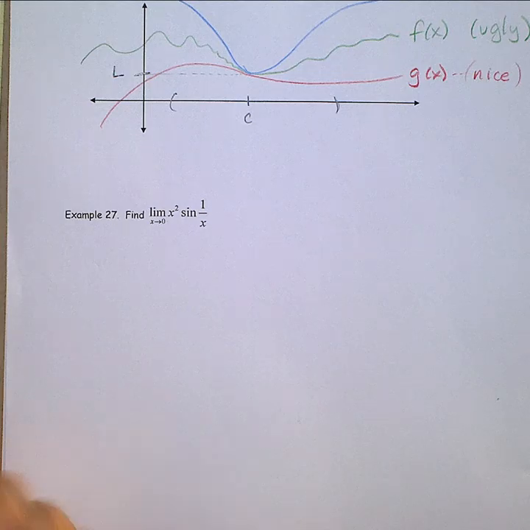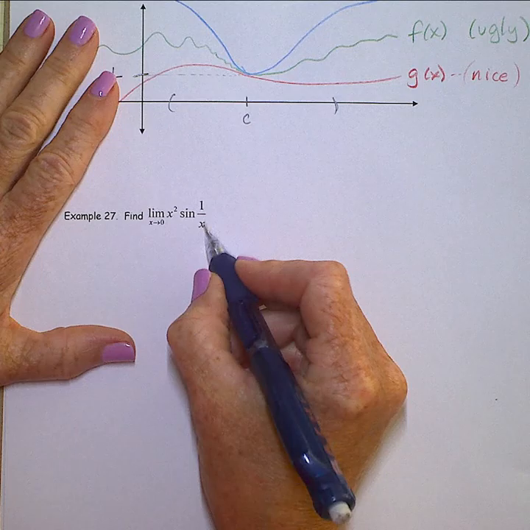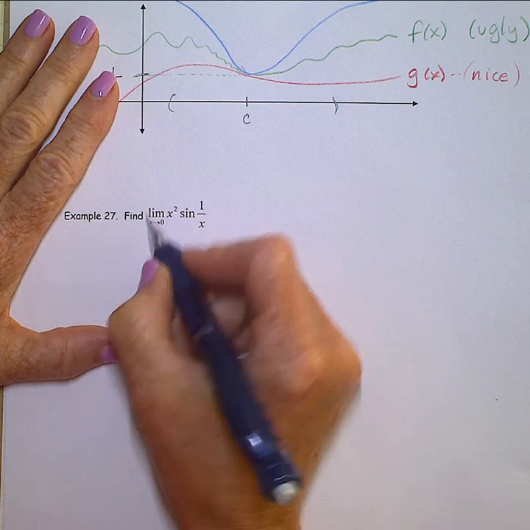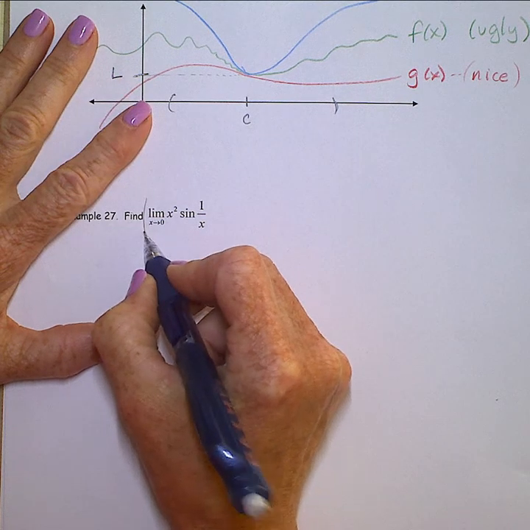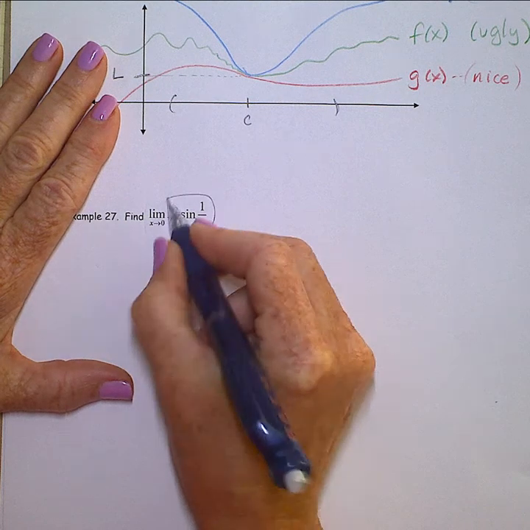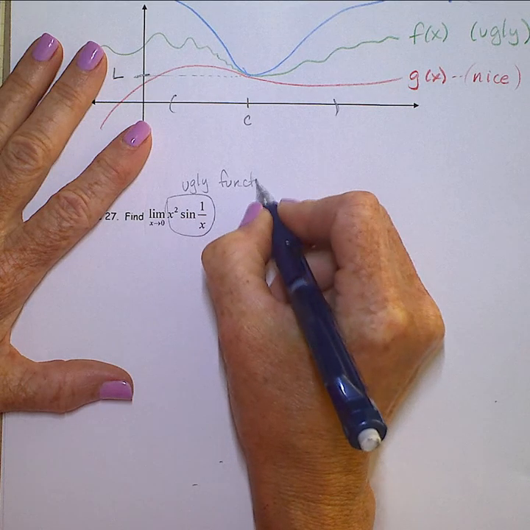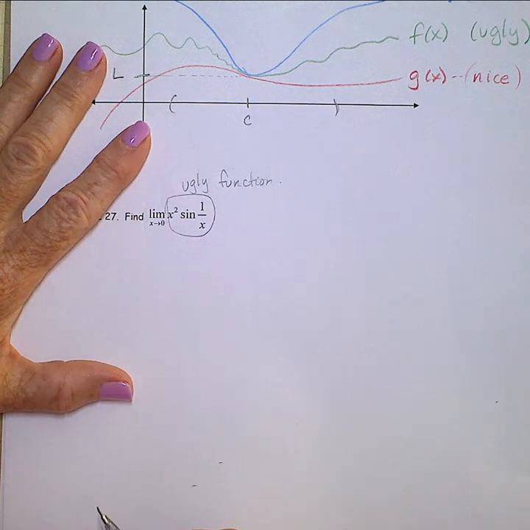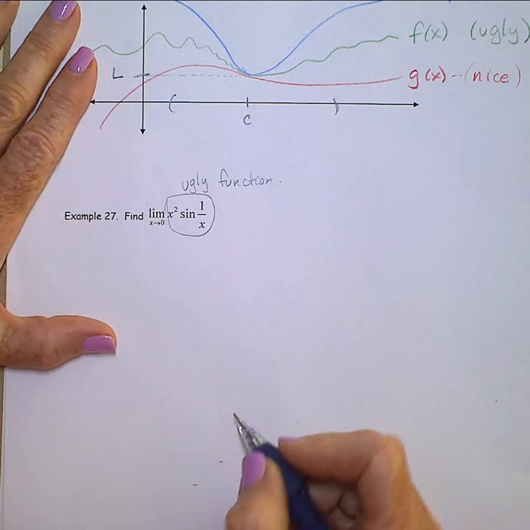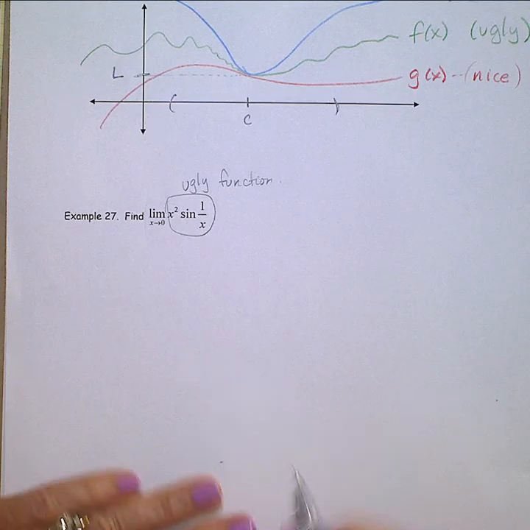I can't factor the sine of 1 over x, and that's not one of the trig limits we memorized yesterday. This is our ugly function, and I have to try to trap it in between two nice functions that I can figure out the limit for.